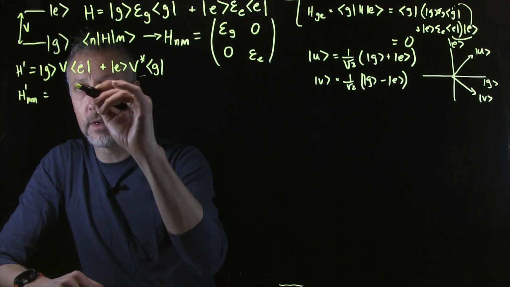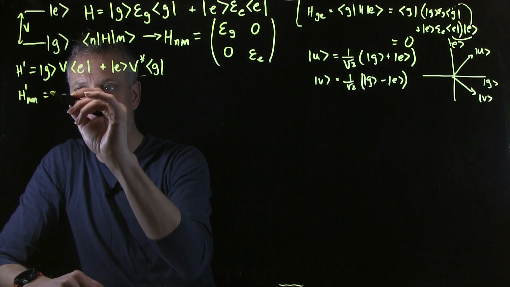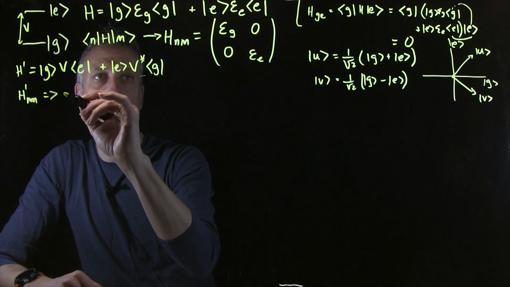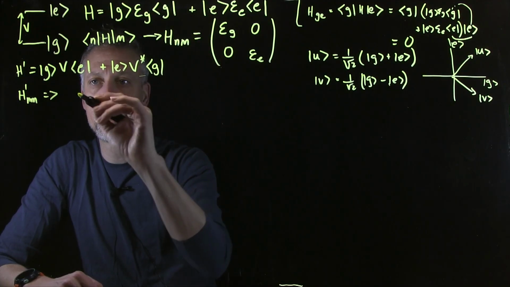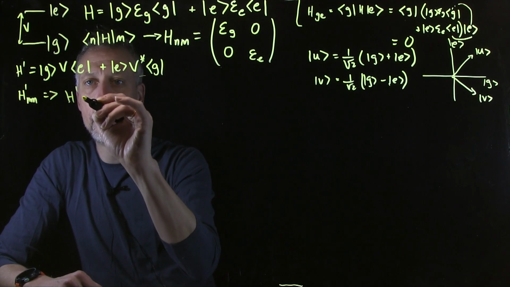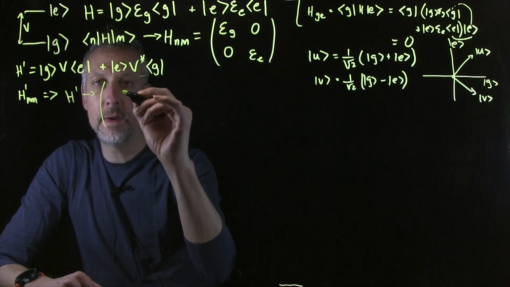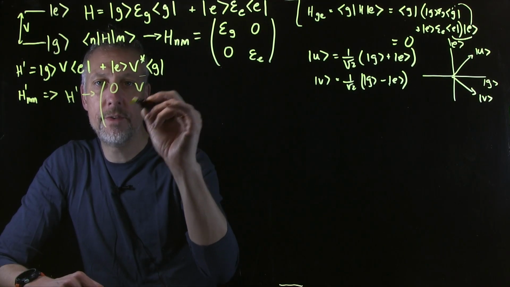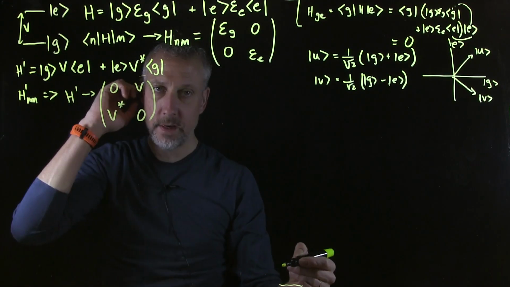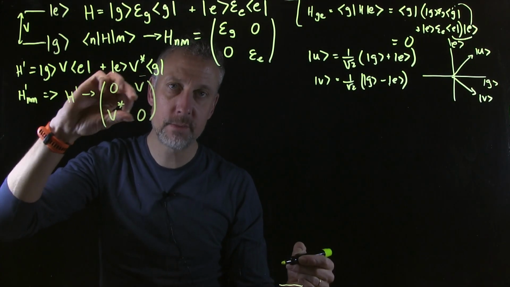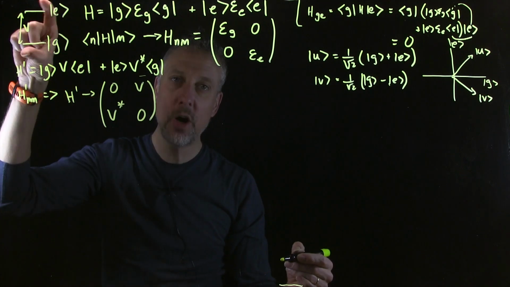So this matrix will be such that, I wrote HNM equals, what I really mean is H is equal to this. All right, so H primed is represented by this matrix: 0, and then V, and then V star, and then 0. Okay, the off-diagonal elements are responsible, if you think about it, for coupling these 2 states.